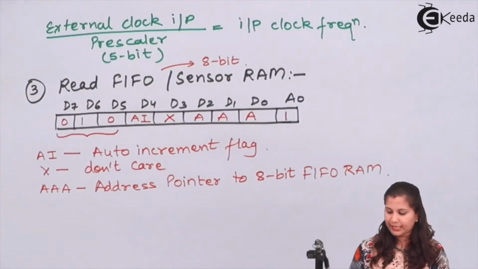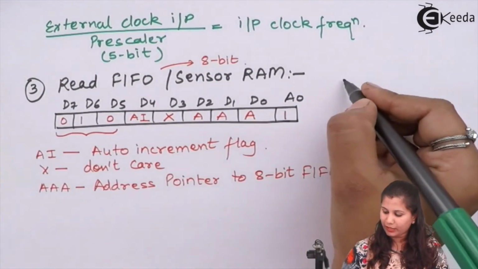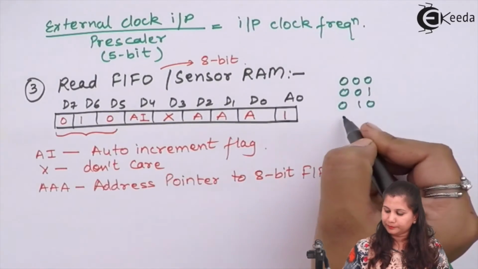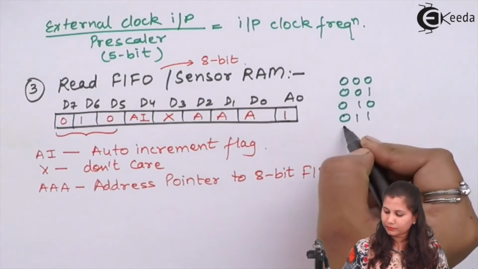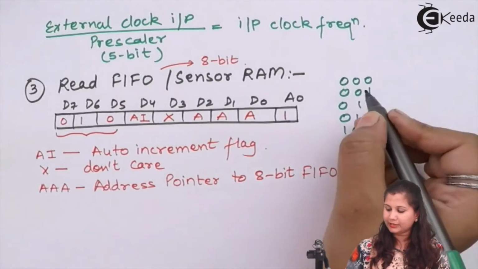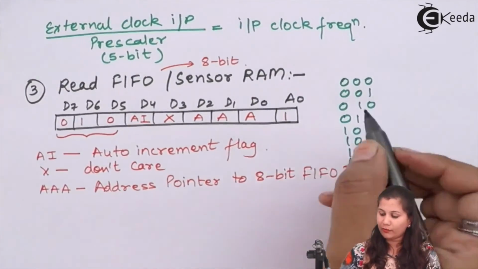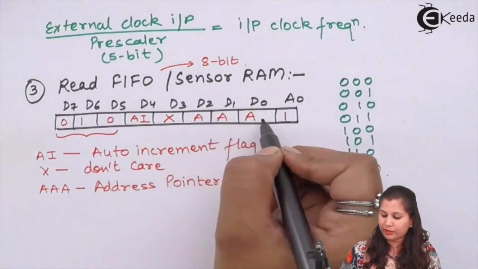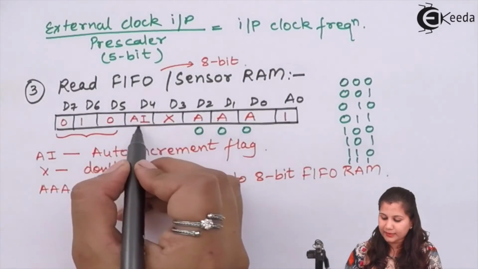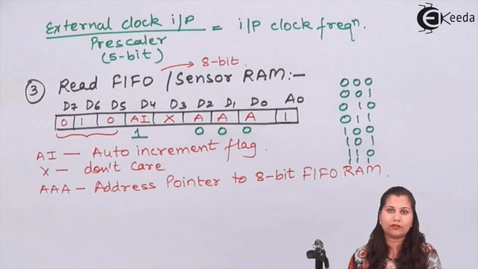Now let's take an example. Suppose we have 000, 001, 010. These are the 8 memory locations. Now we have given the address of the first memory location as 000 and we have set the auto increment bit as 1.